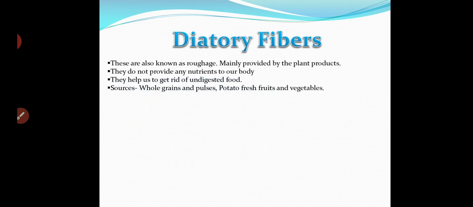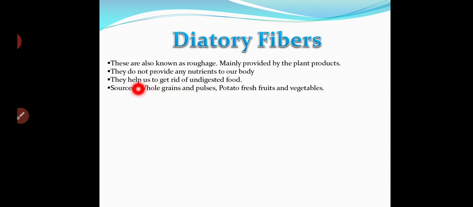Next, we are going to study dietary fibers. These are also known as roughage and are mainly provided by plant products. They do not provide any nutrient to our body, yet they are important. Why?